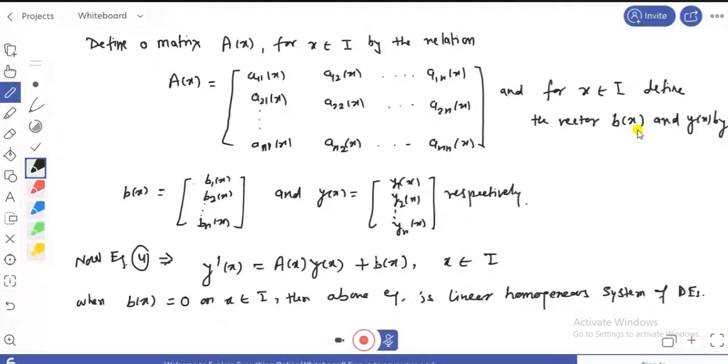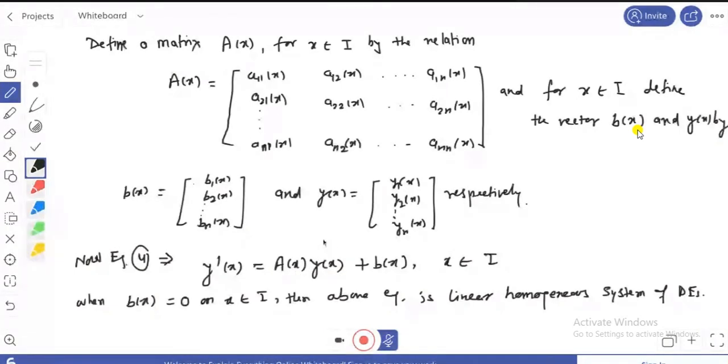Okay, so if b(x) is 0, then this is a homogeneous system of differential equations. If b(x) is a null vector, then this is homogeneous, and if this is a non-zero vector, then this is a non-homogeneous system of differential equations.